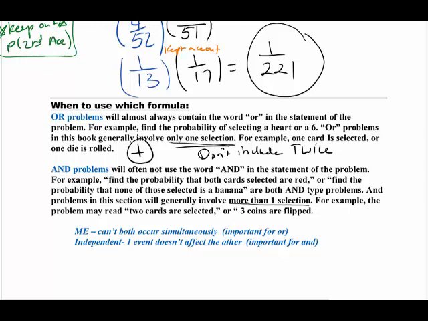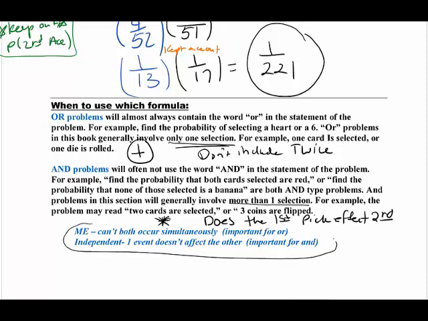So on these, we are multiplying the probabilities together, but you have to be careful and ask yourself, does the first pick affect my second? Which is what we call conditional probability, which we'll get into more in the next section. Mutually exclusive, again, those are the 2 special definitions in this section. Mutually exclusive goes with your OR problems, can't both happen at the same time. Independent means that the first event does not affect the second.